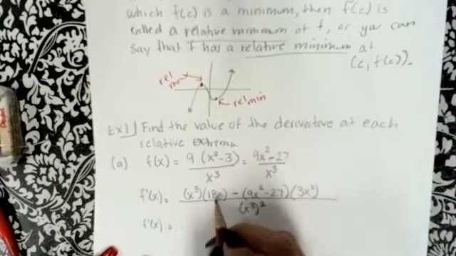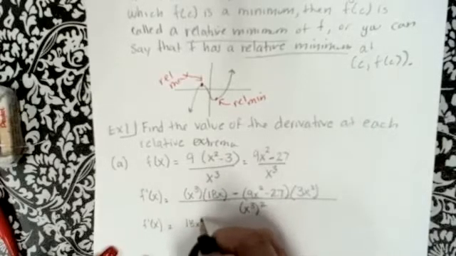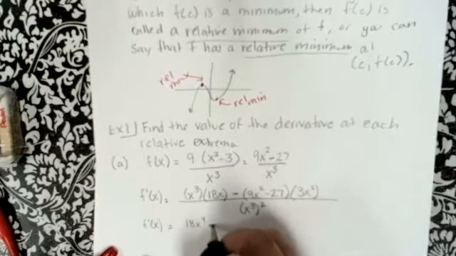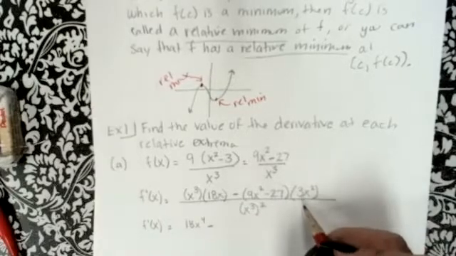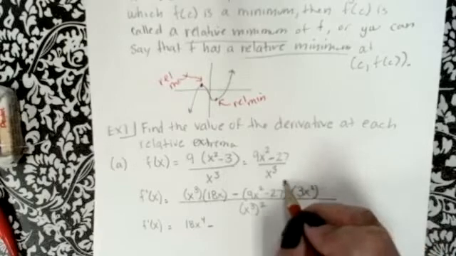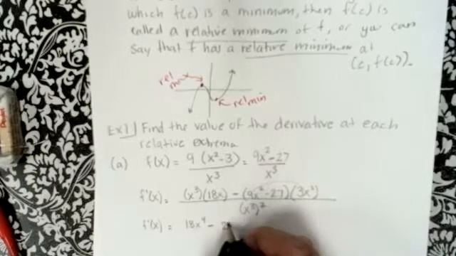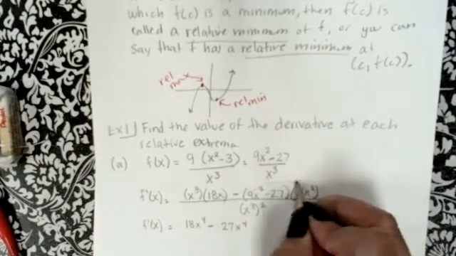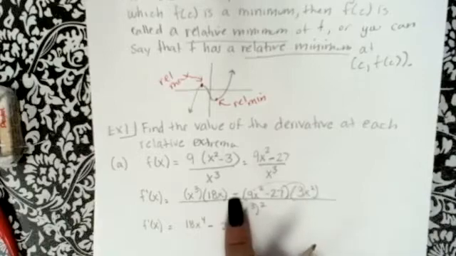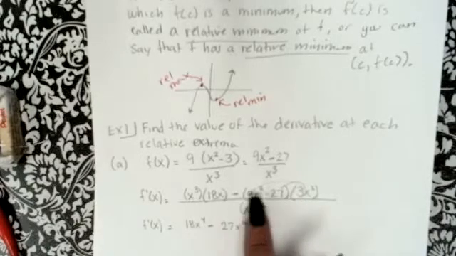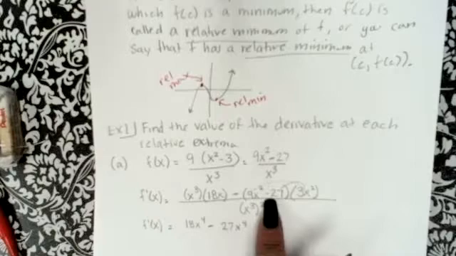I'm going to distribute this. So that's going to be an 18x to the 4th power. Now, right here, when I distribute, this is 9 times 3, which is a 27. X squared gives me x to the 4th. When you're distributing here, don't forget you have a negative and a negative, which gives you a positive.